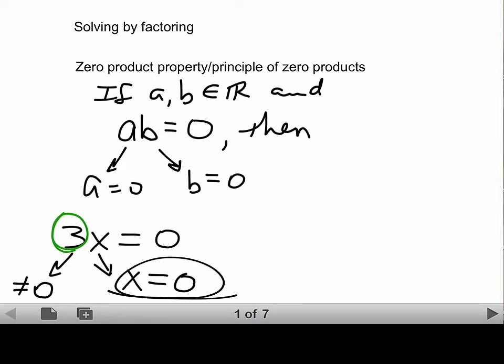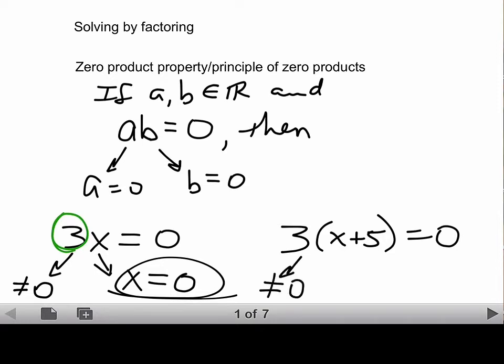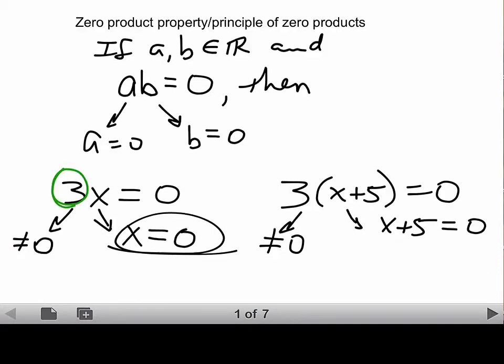Using this idea, we can solve something like 3 times the quantity of x plus 5 is equal to 0. Well, again, 3 is not going to equal 0 because 3 is 3. However, x plus 5 could equal 0. If that's the case, then subtracting 5 from both sides gives us that x is equal to negative 5 as a solution to this equation.